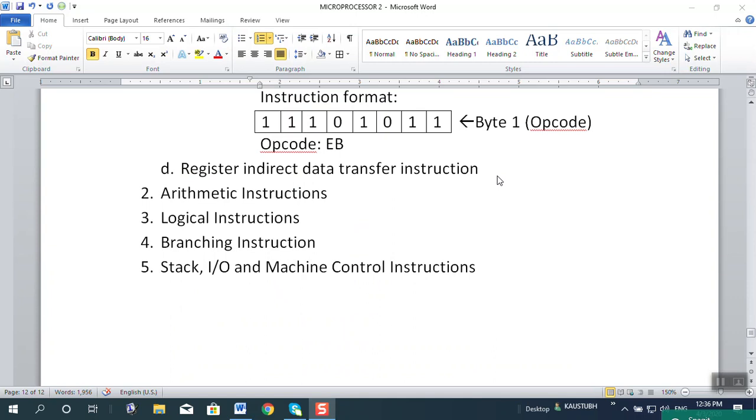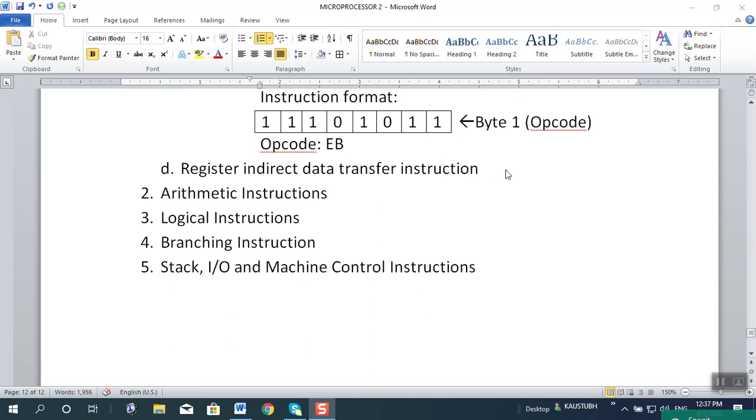In the register indirect data transfer instruction, there are particularly two forms of instructions. One is for 8-bit, one is for 16-bit, and in case of 8-bit there are 3 instructions, and in case of 16-bit there are 2 instructions.